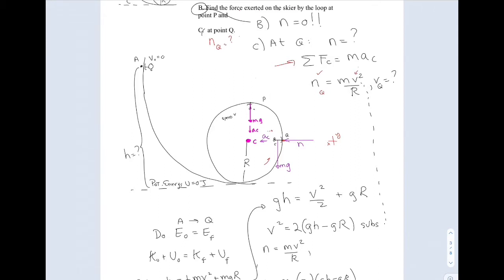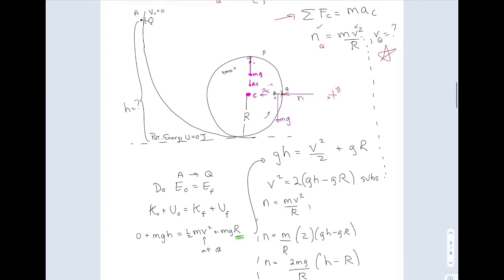That's an energy problem. To find v, I do conservation of energy from where the skier started at the top to point Q. Again, energy is conserved because there are no non-conservative forces that do work, and this is frictionless. So here's my initial energy, final energy. Initial kinetic is 0 up here because they're not moving.